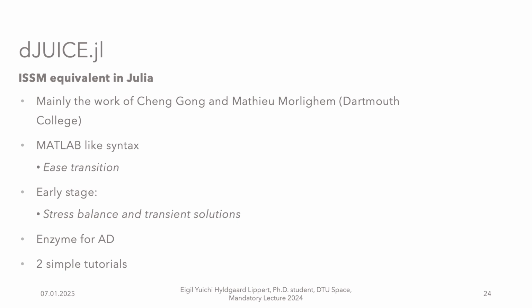I wanted to present this here, but it's mainly their work, and I think the reason for this was to ease the transition from existing users of ISSM, since there's a lot of users of this software, and also to make sure that things are working for the right reasons. So it's still pretty early stage.